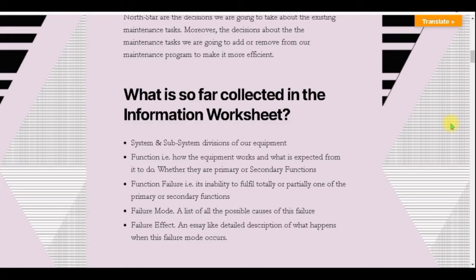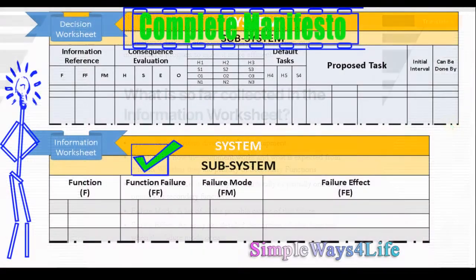Now we had understood the function failure, which is a complete failure or partial failure, for either the primary or the secondary functions, the failure modes, which are the failure causes, and the failure effect, which is an essay type and includes everything about the failure: the cost, who repaired it, how much time it took, the effects from the failure. Even if this failure didn't happen before, as we said in the previous lecture, we could anticipate what's going to happen from the experience of the team we will select for making our decisions.